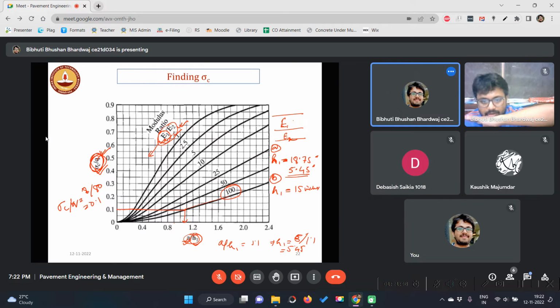Above that, you need to provide some layer. If we provide the layer of bituminous mix, then we need to provide only 5.45 inch thickness to produce the same stress at the surface of the earlier layer. But if you provide granular layer, you need to provide 18 inch, this much.